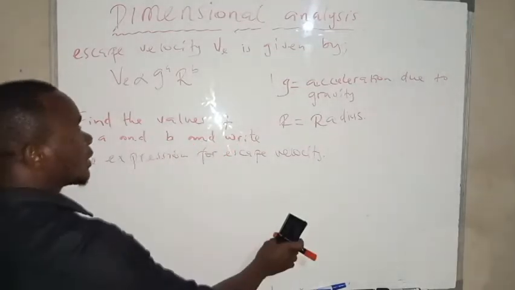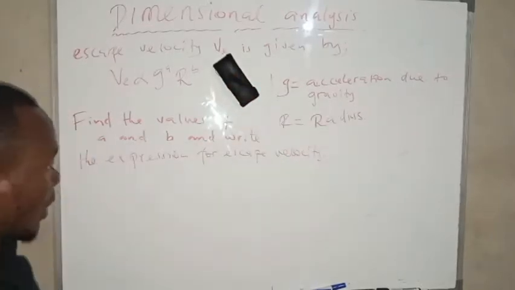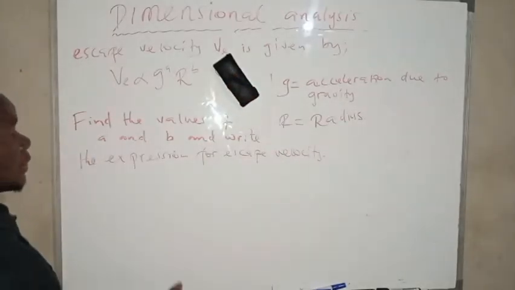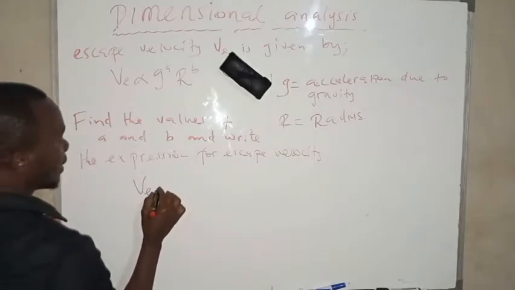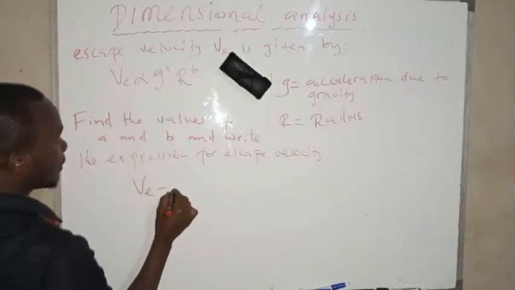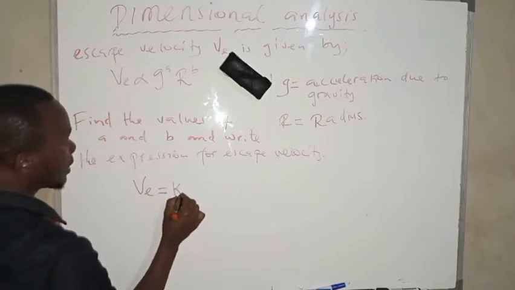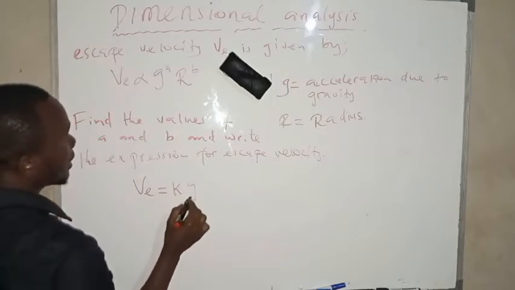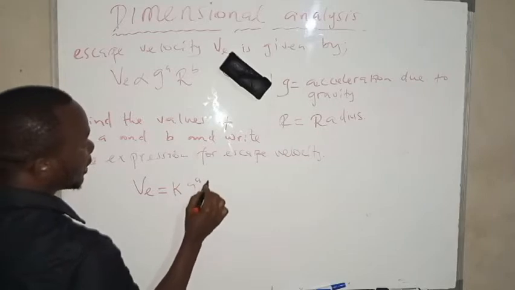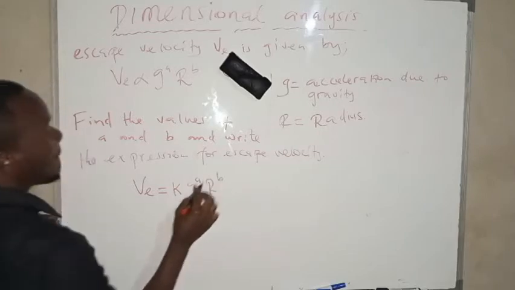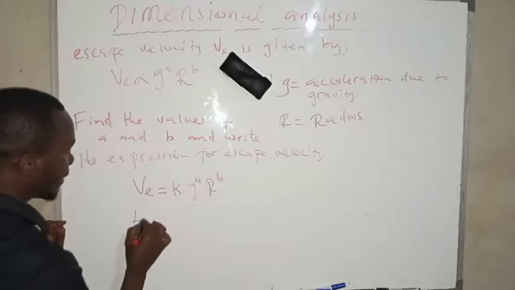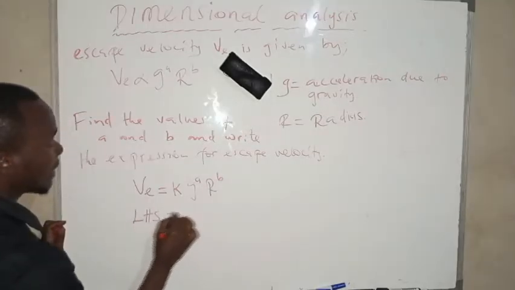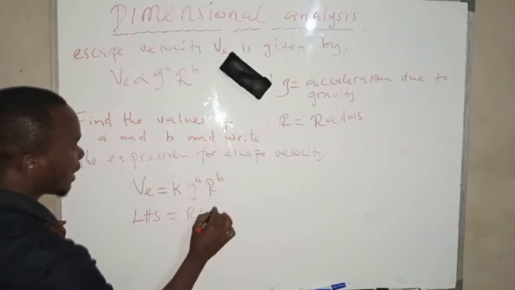Without wasting much time, as we have learned from the previous videos, escape velocity, VE, is directly proportional to this. So we can introduce the equal sign and a constant here: K, then g to the power A, then R to the power B. From here, the left hand side of the equation must be equal to the right hand side.